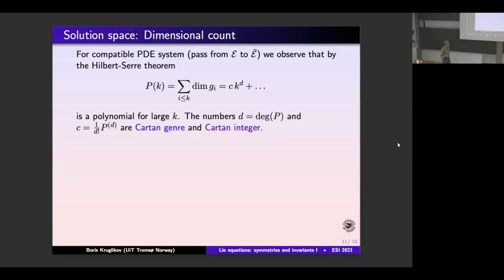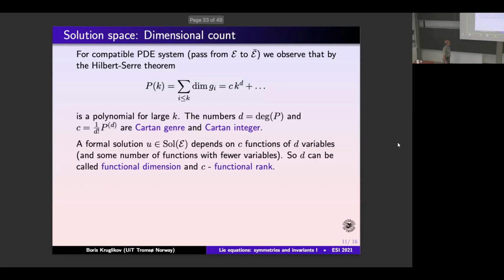You look at the top degree, which is c times k to the power d, and I drop the rest because it is not that important. These two numbers c and d have an invariant meaning, and they have names. In the Cartan test, they are called Cartan genre and Cartan integer.